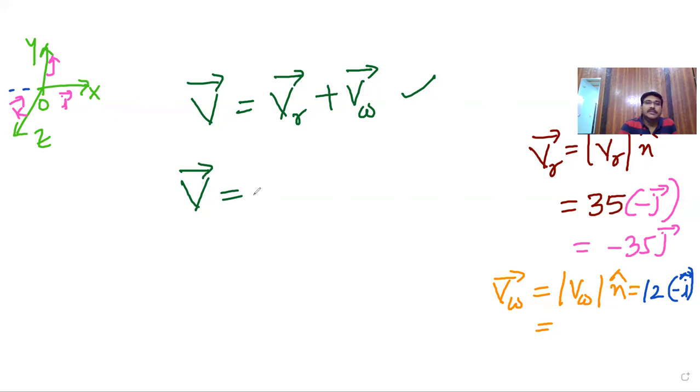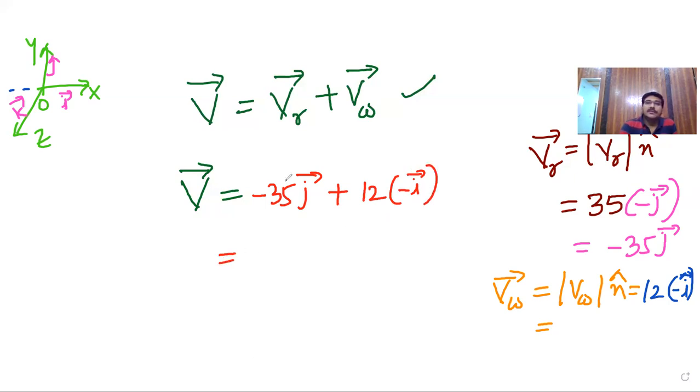So here I am writing, replacing them. VR is minus 35 J bar plus VW. VW is how much? 12 into minus I bar.